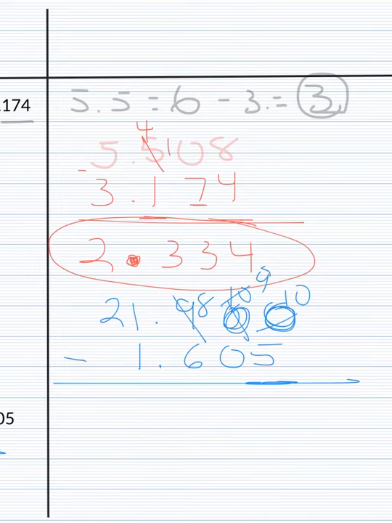So here we have 10 minus 5, which is 5. 9 minus 0, which is 9. 8 minus 6, which is 2. Decimal point comes straight down. 1 minus 1 is 0, and there would be an imaginary 0 there, so 2 minus 0 would be 2. And then that would be our final answer.